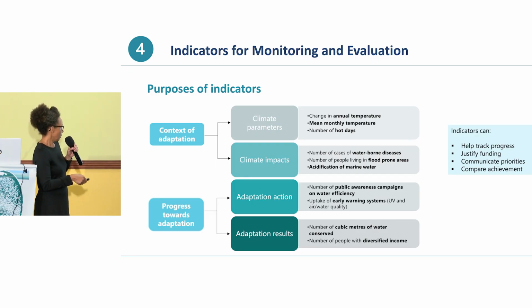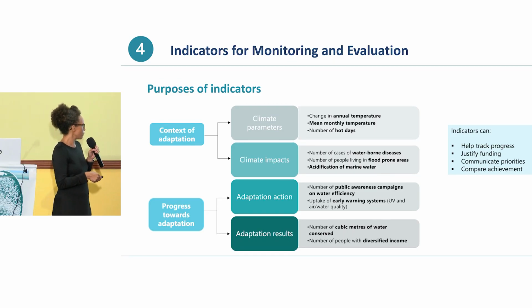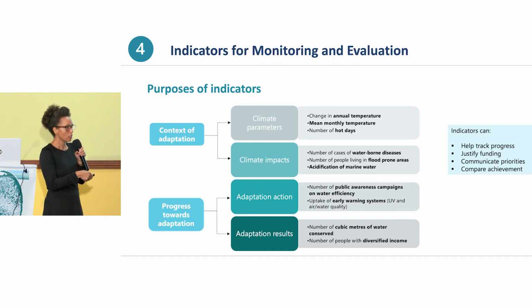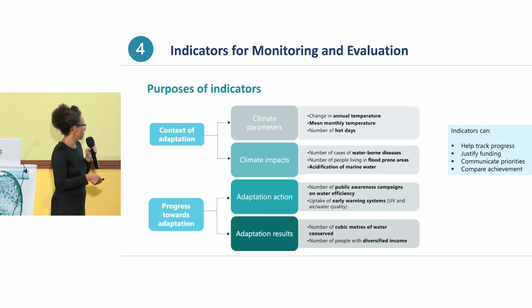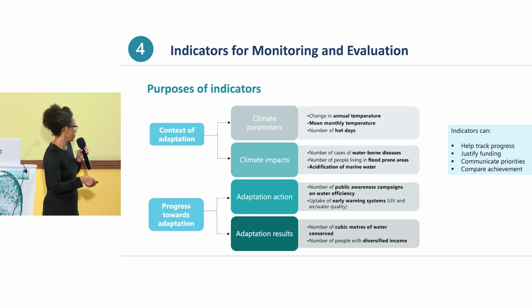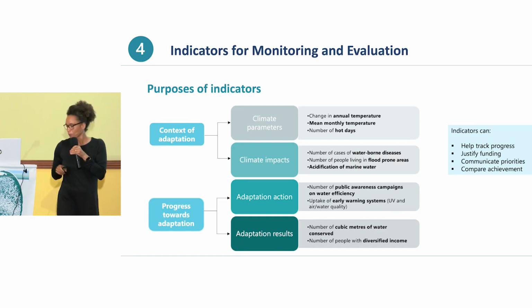So it's a public awareness campaign, for instance, on water efficiency, but it can also be a public awareness campaign with regard to certain approaches, for instance, burning fields to make them ready for the next crop, and maybe relearning. And it's important for adaptation results.